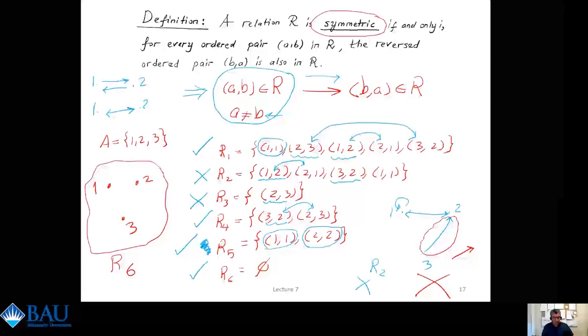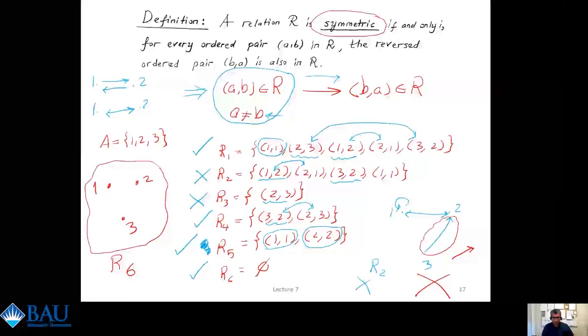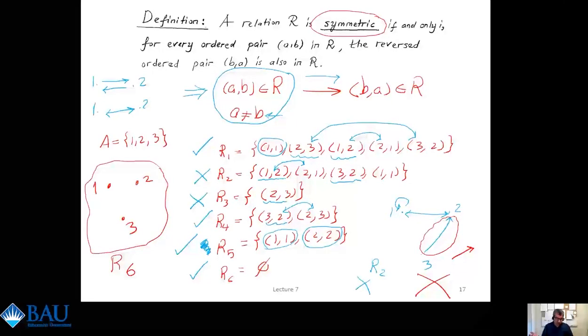Answer is no. Since we do not have a one-sided arrow, therefore it's symmetric. If in a graph you see a one-sided arrow, definitely that is not symmetric. Otherwise, yes, it's symmetric.